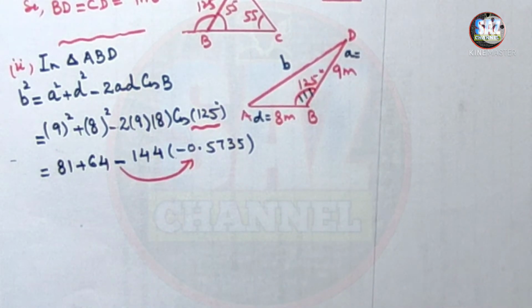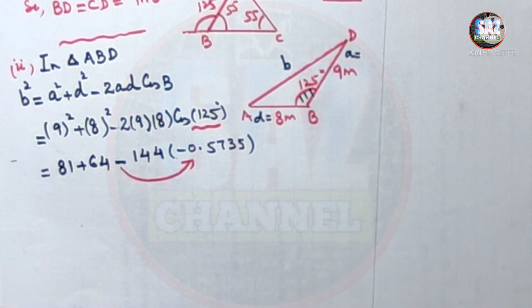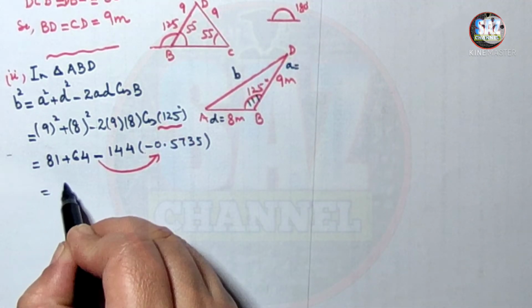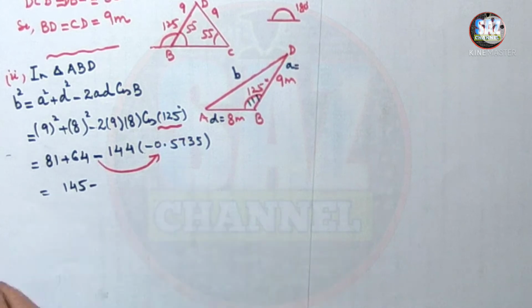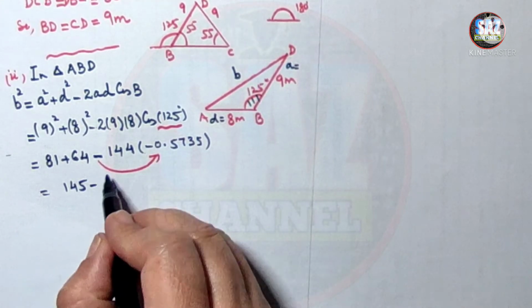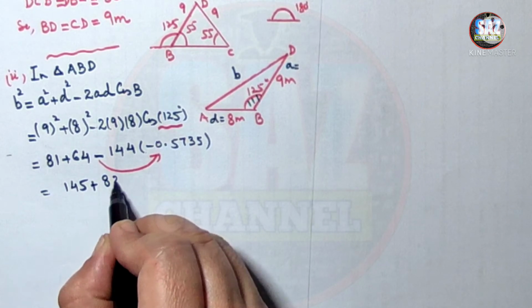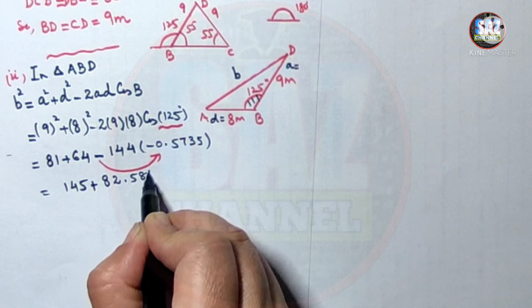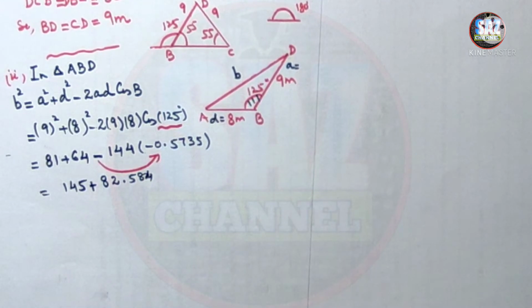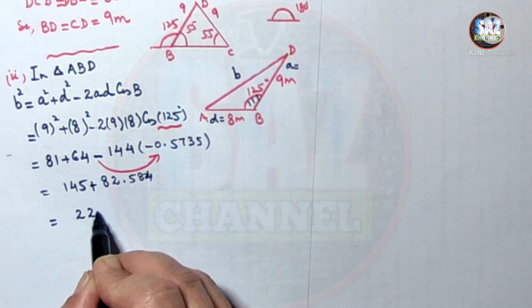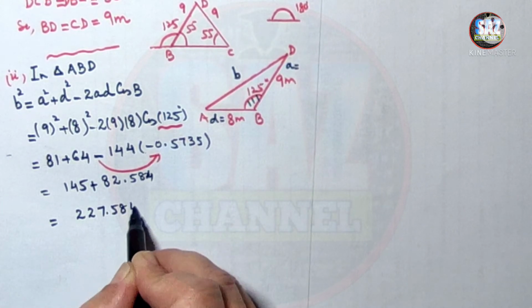81 plus 64, this gives me 145, and 144 multiplied by 0.5735, this gives me, minus multiplied by minus is plus, 82.584 plus 145, this gives me 227.584.